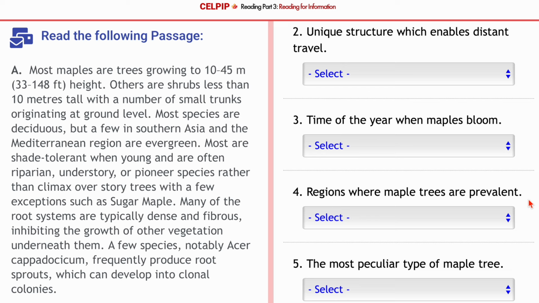Maybe. Prevalent means common. It says here most species are deciduous, but a few in Southern Asia and the Mediterranean are evergreen. Maybe, maybe. It doesn't say really common there. Okay.